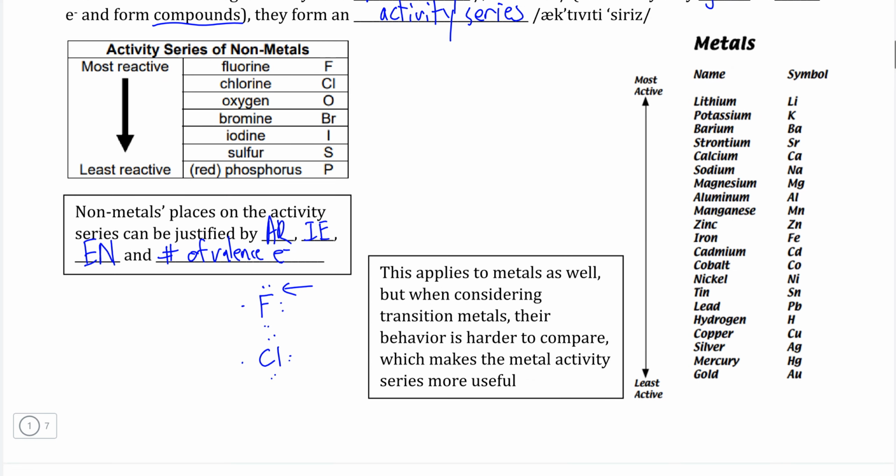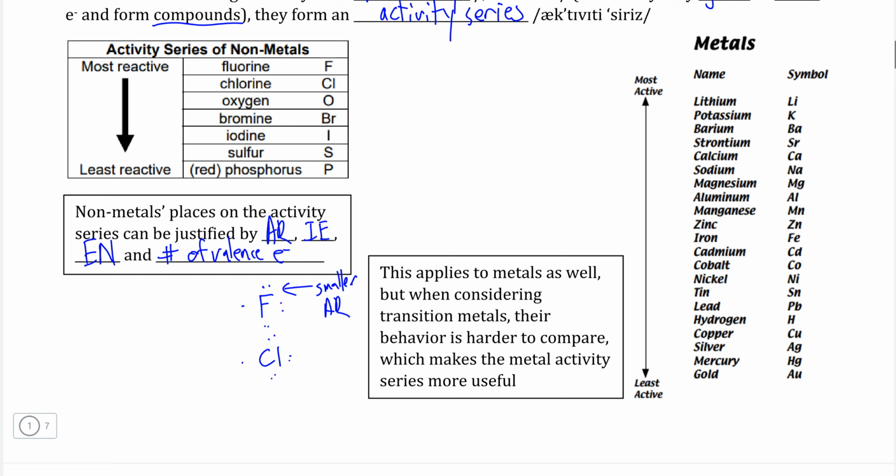However, because fluorine is one level on the periodic table up from chlorine, that means that fluorine has a smaller atomic radius, meaning that its valence electrons are closer to its nucleus than chlorine's, and therefore it has a higher ionization energy, meaning that it takes more energy to remove an electron from fluorine than it does from chlorine, giving fluorine the highest electronegativity on the periodic table.